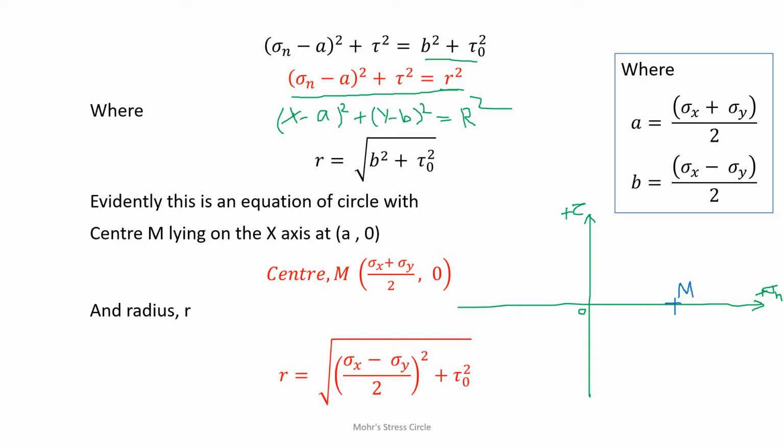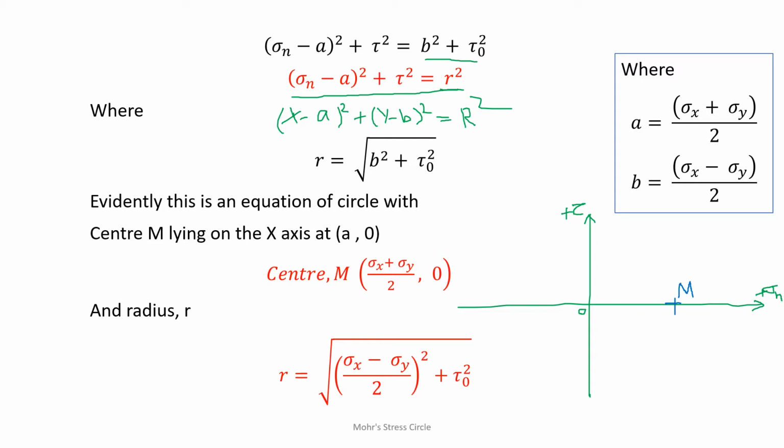Then calculate the radius. Substitute the value of B here. B is sigma x minus sigma y by 2. Then the radius becomes the square root of sigma x minus sigma y by 2 whole square plus tau naught square. Sigma x is given, sigma y is given, tau naught is given with proper sign conventions.